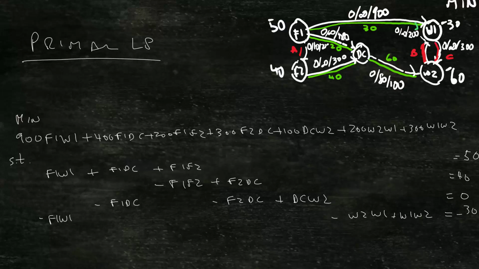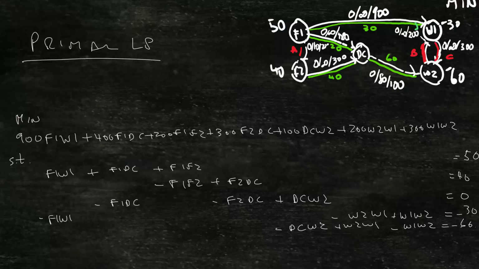And then finally, for the last node, W2, we're going to have DCW2 minus W1W2 plus W2W1 is equal to minus 60.